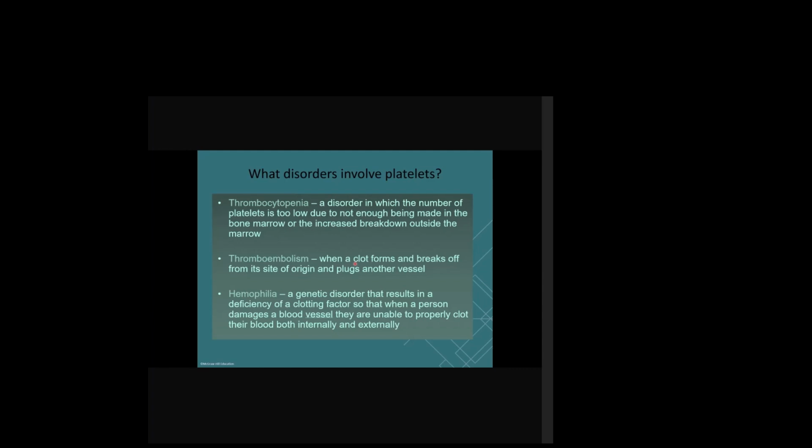Sometimes there's a genetic disorder caused by people lacking the ability to do this clotting. A typical genetic condition is called hemophilia.